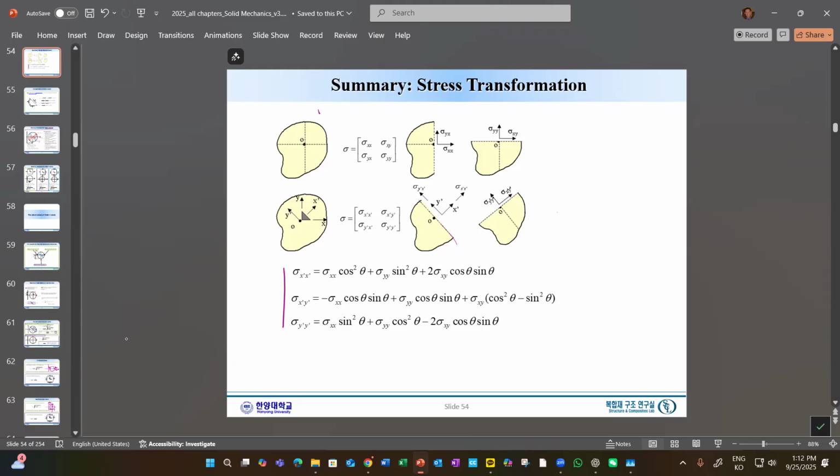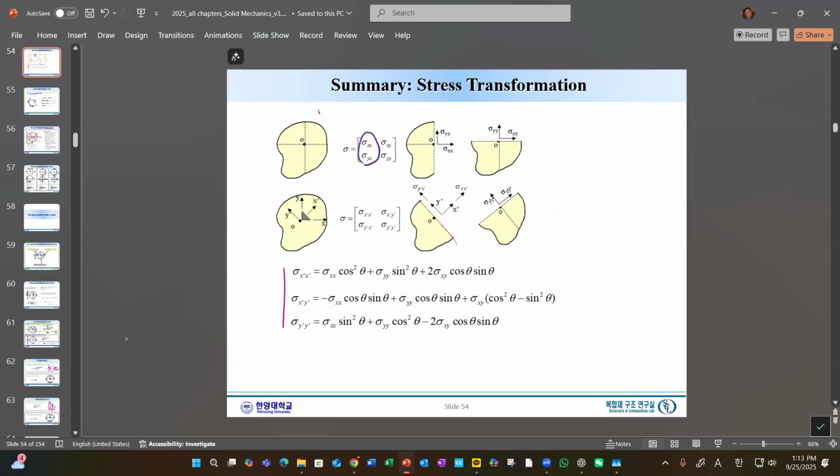Anyhow, there is a point O, and the stress is given at that point. We have 2x2 stresses. We already know the definitions. Sigma xx and sigma yx are the two components which occur on the x plane.